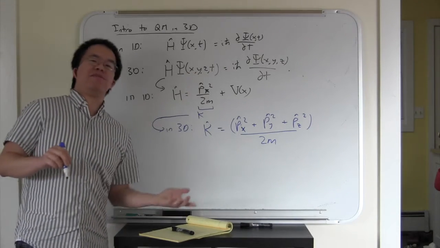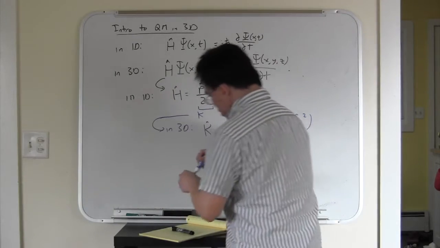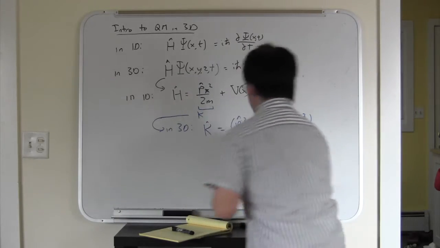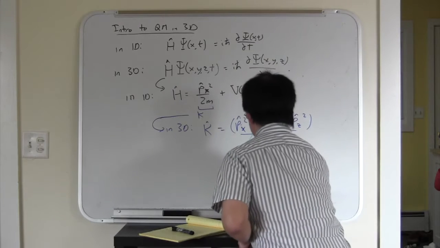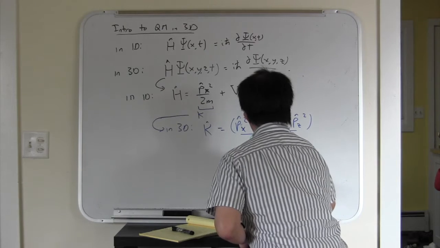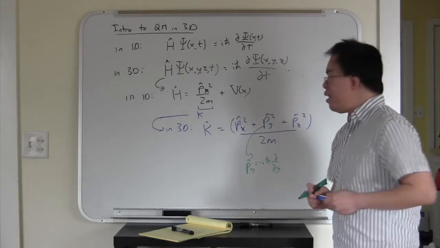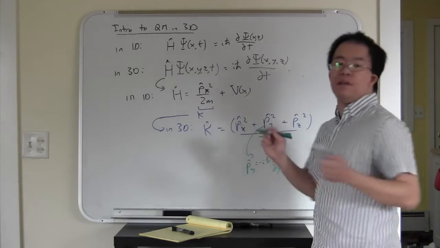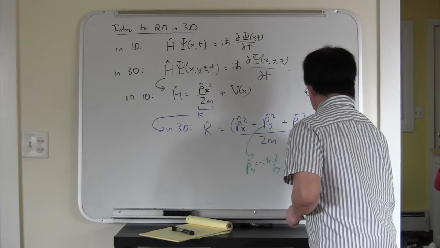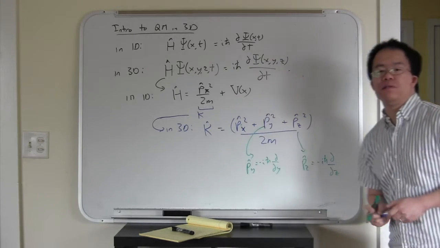We can go through a really similar process as we did to get p_x, and that will lead us to p_y operator equals minus i h bar partial y, and similarly for p_z, minus i h bar partial z.